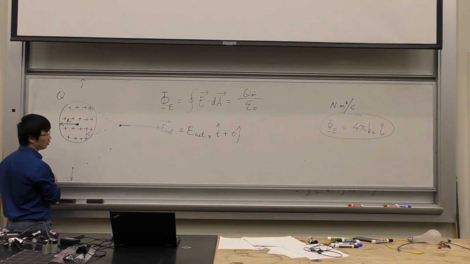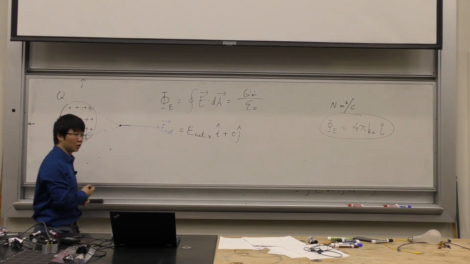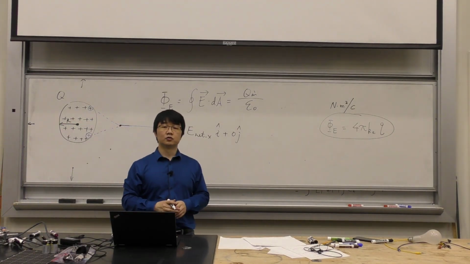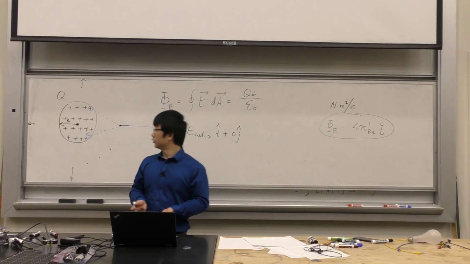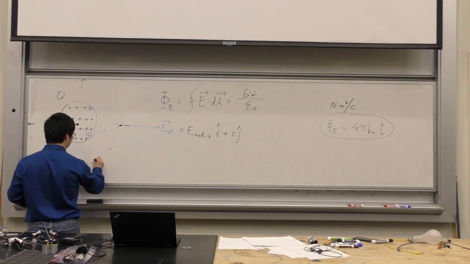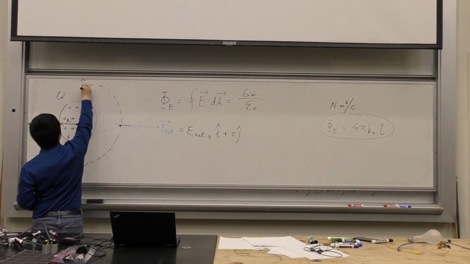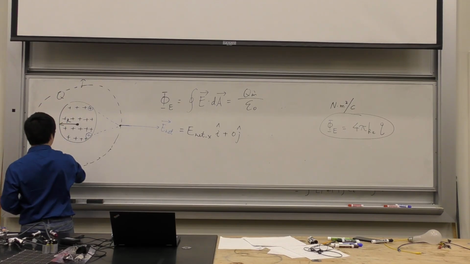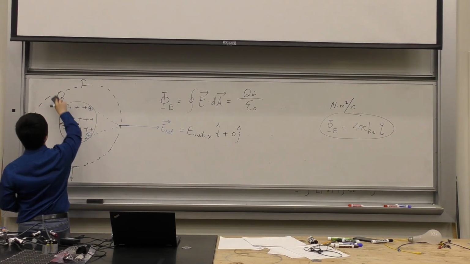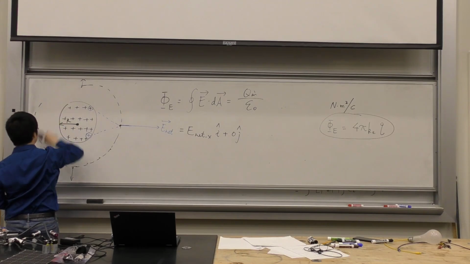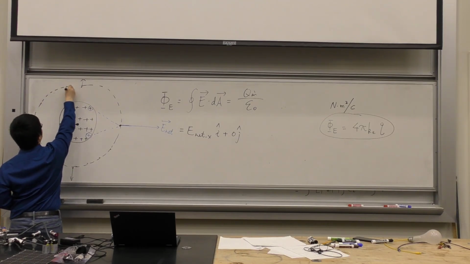If you connect all these points and put them on a surface, what surface would you draw? You draw a sphere, a spherical surface, which has all these points on it. This doesn't look like a sphere, but you know what I mean.